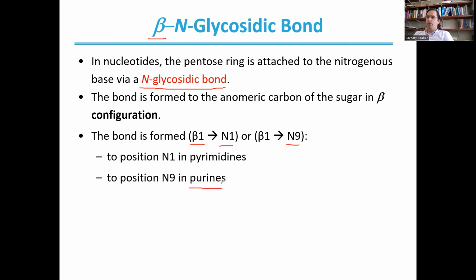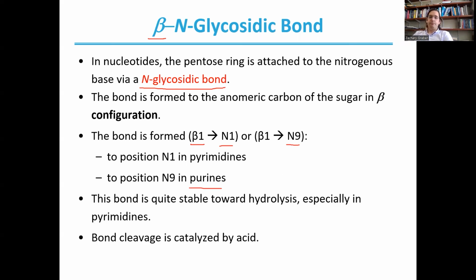So we change up kind of where that attachment point is, depending on which ring structure we have. This bond is very stable toward hydrolysis, so we won't commonly see our bases popping off, but under more acidic conditions, we can break that bond, which would end up degrading our nucleic acid.